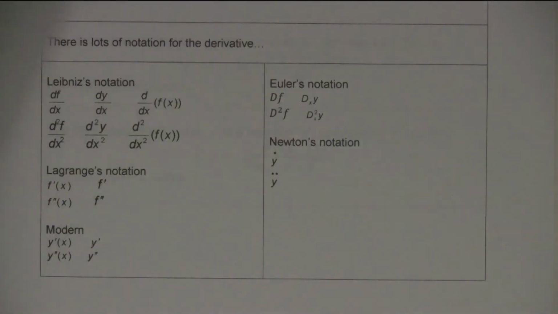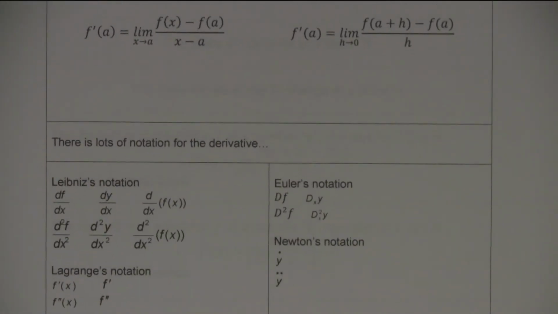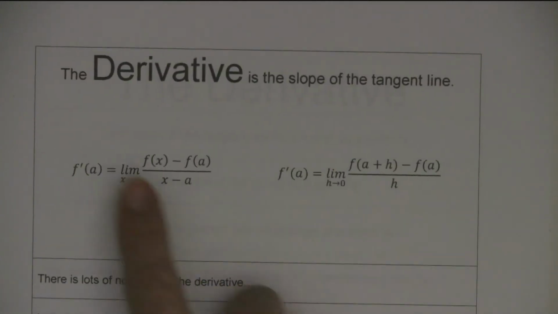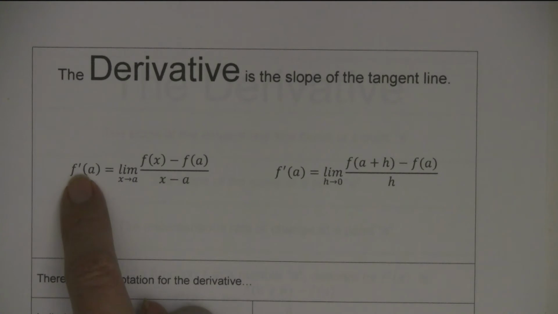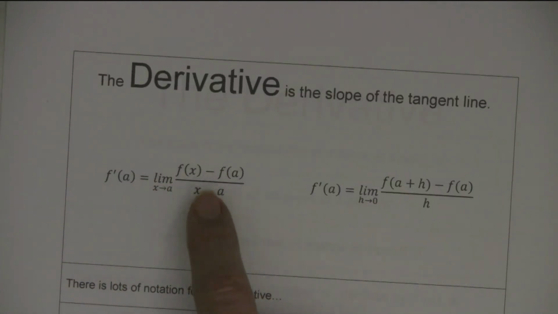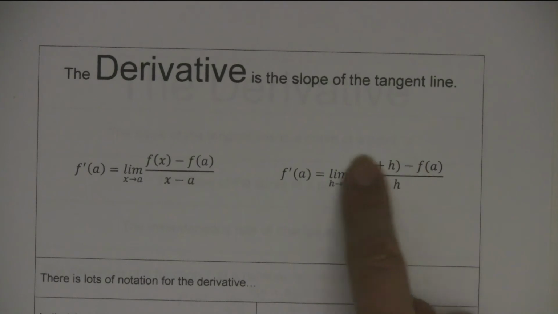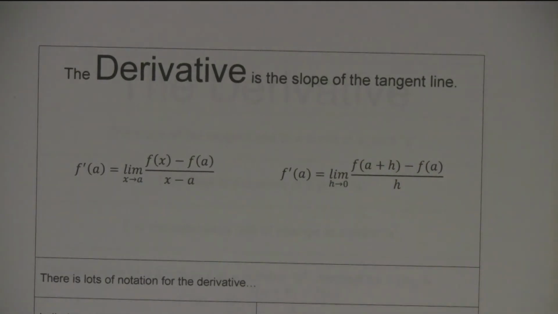Here I just tell you that the derivative is the slope of the tangent line. This is some notation for the derivative at the point a. Some people read this as f prime at a, and remember this was the slope of the tangent line, and other notation for the slope of the tangent line.